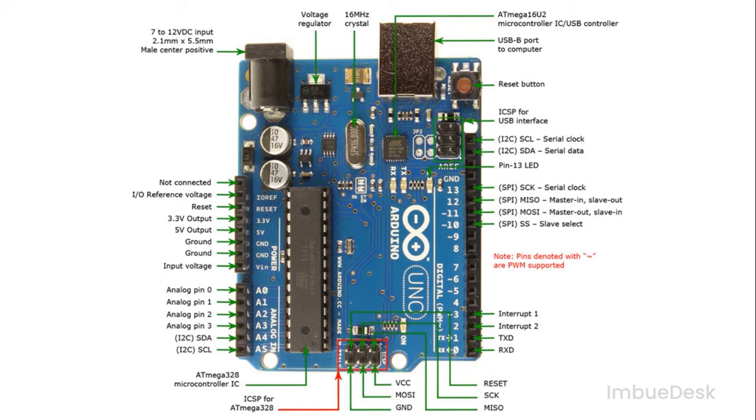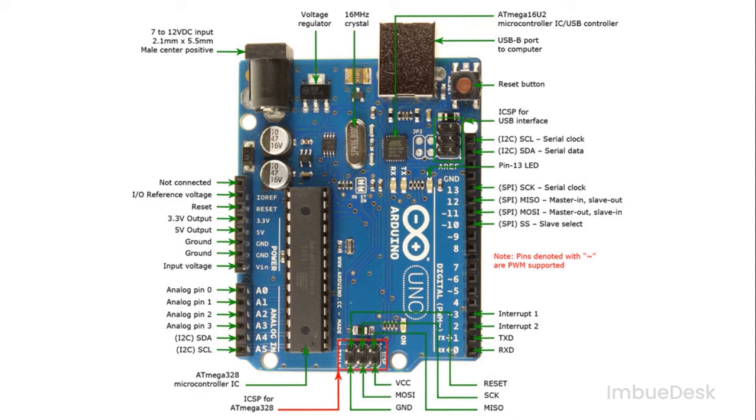There is a built-in LED for the 13th pin, that is, if the input or output of pin 13 is high, the LED is turned on and it will be turned off if pin 13's value is not high, that is low.